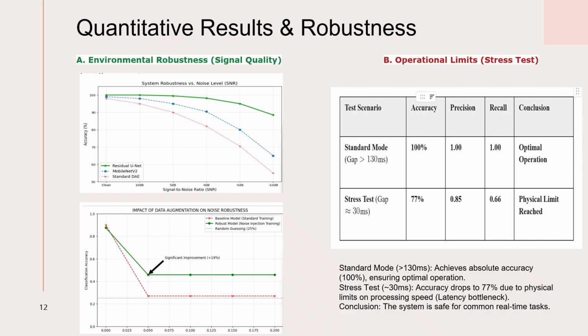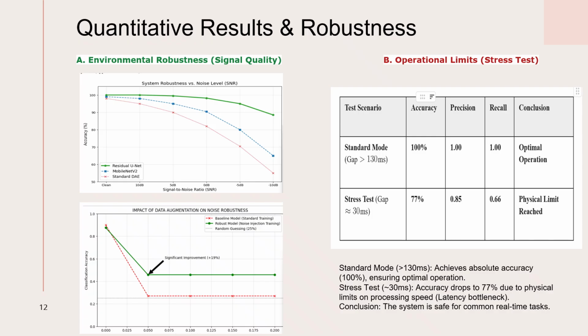It proved that understanding the physics of the machine is just as important as the computer code. Finally, we conducted a stress test to find the physical limit. For faults longer than 130 ms, we achieved 100% accuracy. However, at 30 ms, accuracy dropped to 77%.